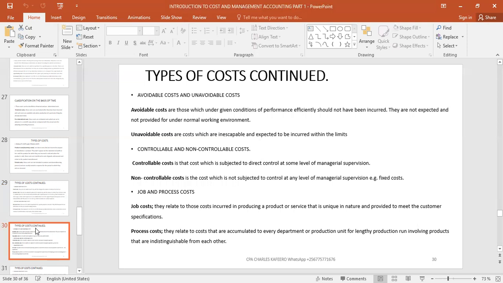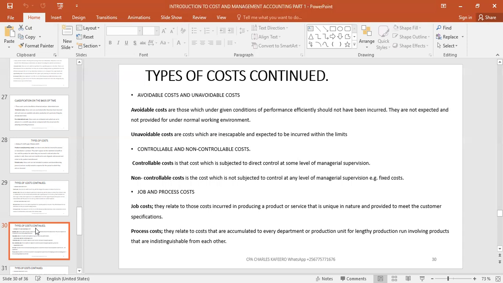They are not expected and not provided for under normal working conditions. Those are costs which you can easily ignore and you don't incur them. They are the opposite of the unavoidable.